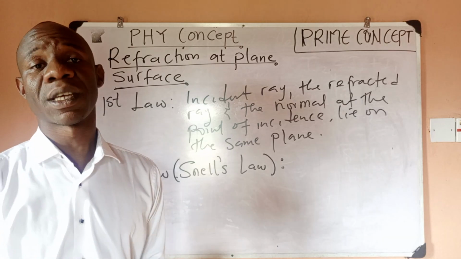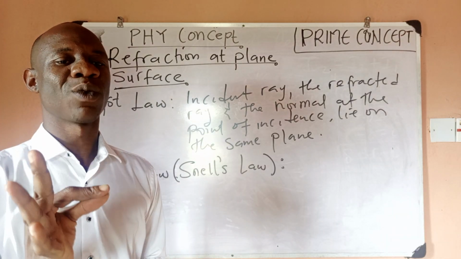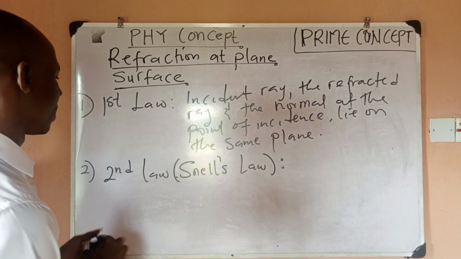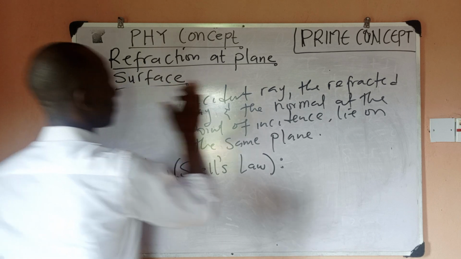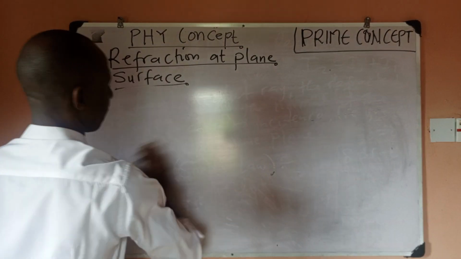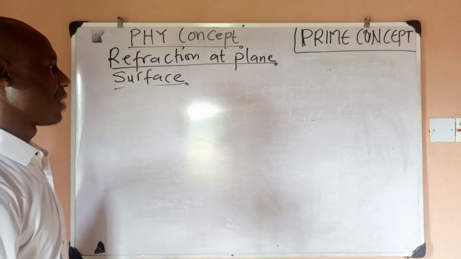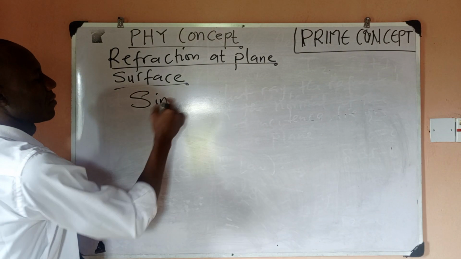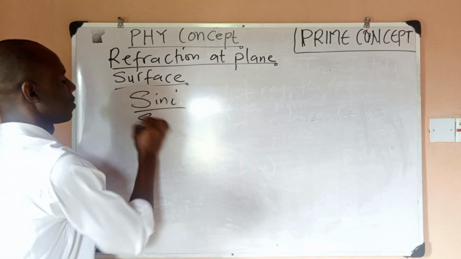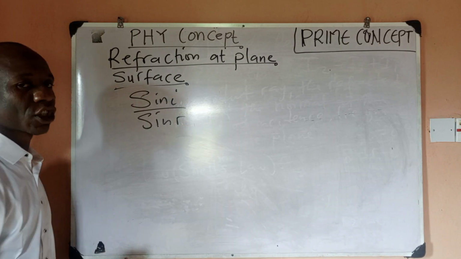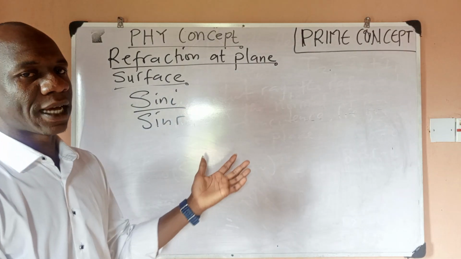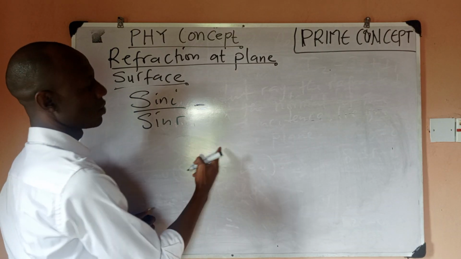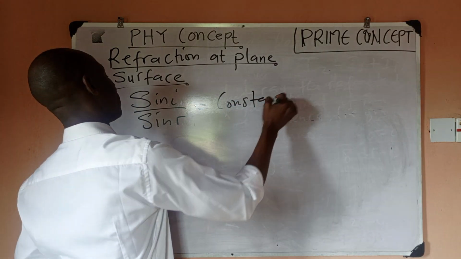And what is this constant we're talking about? The constant is what we know as what? Refractive index. So in a mathematical form, we can represent Snell's law by saying that the ratio of the sine of angle of incidence to that of the angle of refraction for a given pair of media, so when you have two media, is equal to a constant.